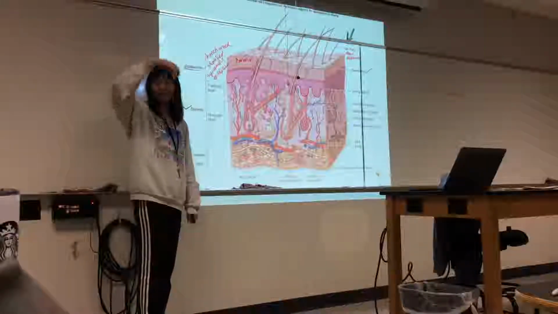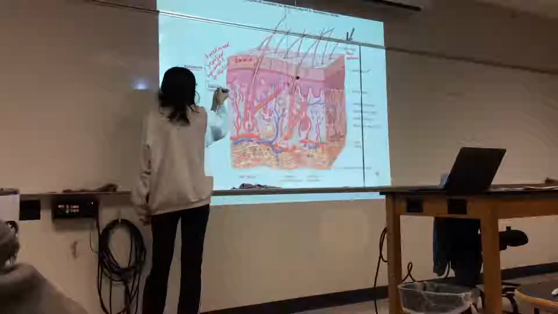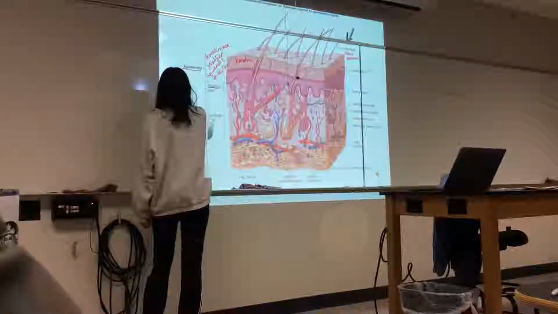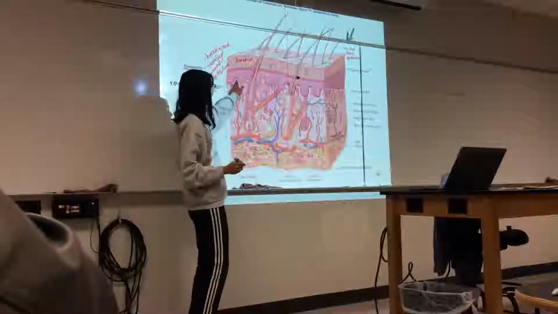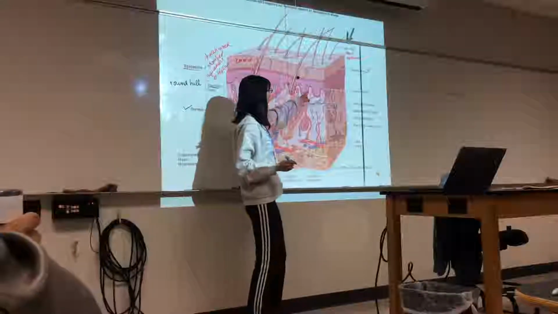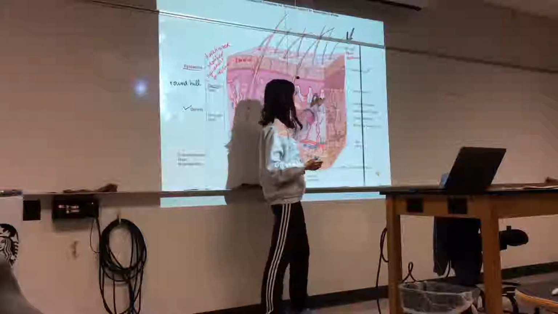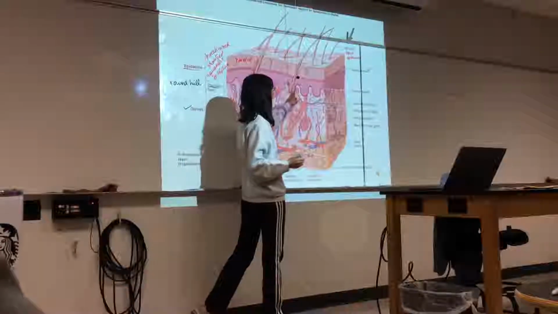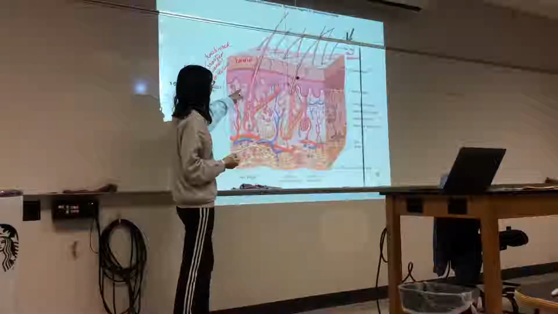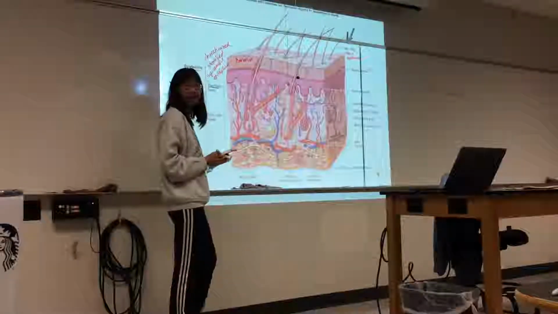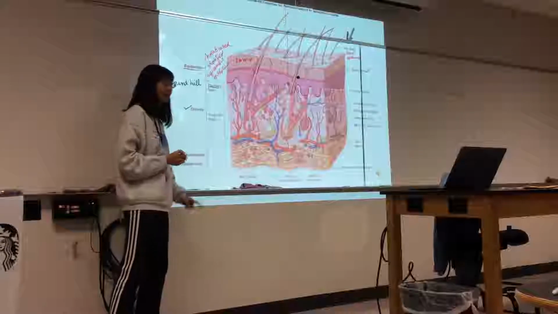It's like a little round hill. Do you see round hills on the dermis side? So that's how it got its name. These little hills on the dermis side, that's called the papillary layer. The papilla is round hills.